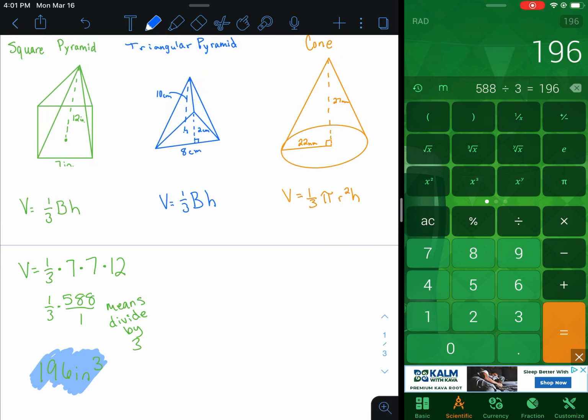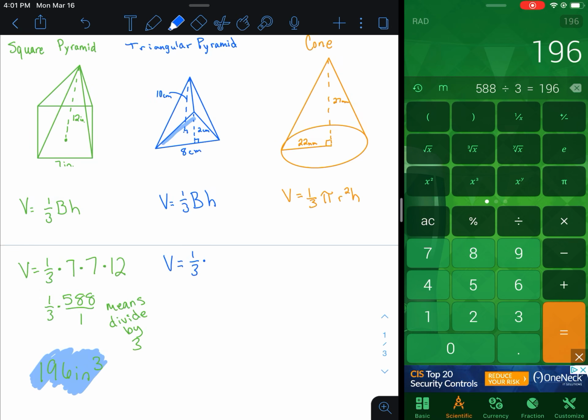My second pyramid here is a triangular pyramid. So again, I'm doing 1/3 times, remember that my base is actually a triangle, this one down here. I know that the height of it is 2 and my base is 8.